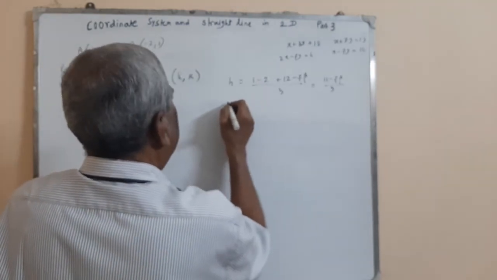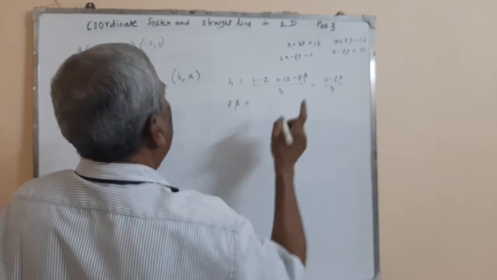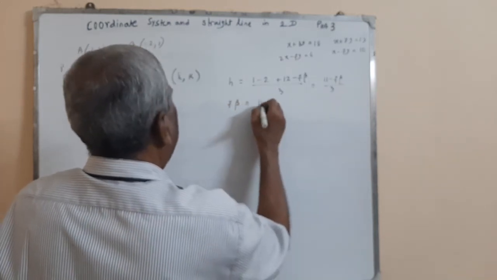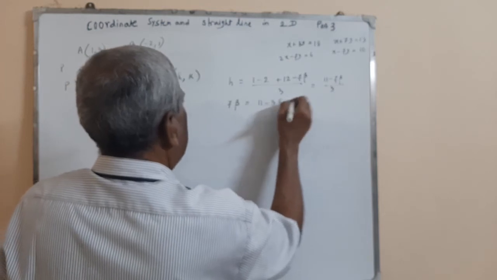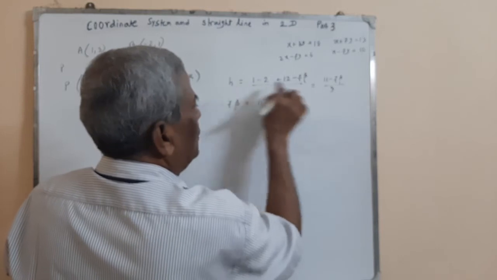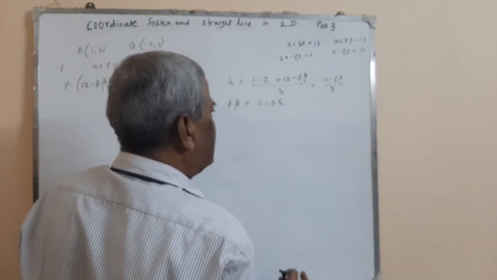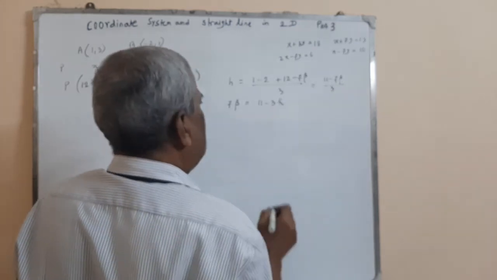That is, 7 beta will be equal to 11 minus 3h. Taking it to that side, 7 beta is equal to 11 minus 3h.